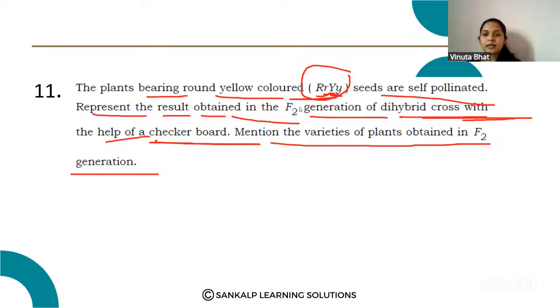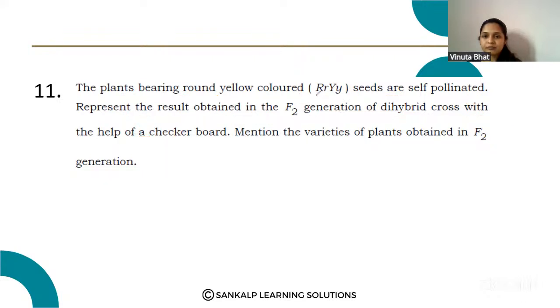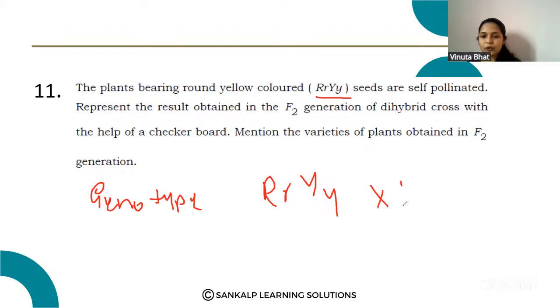Okay, so here the genotype of the plants is capital R, small r, capital Y, small y. They are self-pollinated, meaning the same type of plant. And what are the gametes produced here?